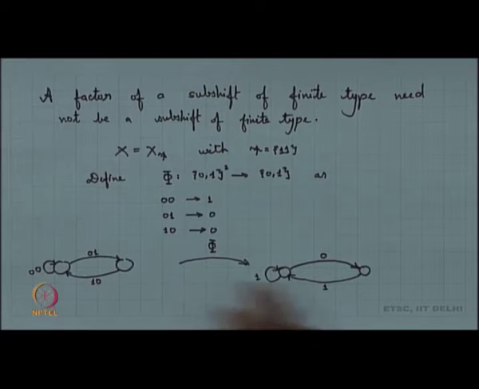If we try to recall this factor, then we see that if I take a bi-infinite walk on this particular graph, that is also going to generate a subshift.